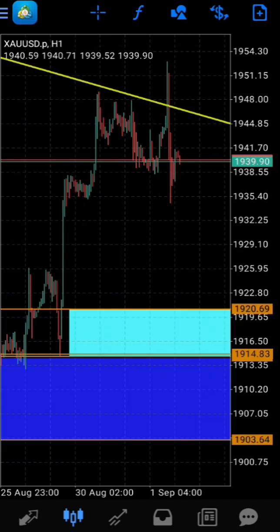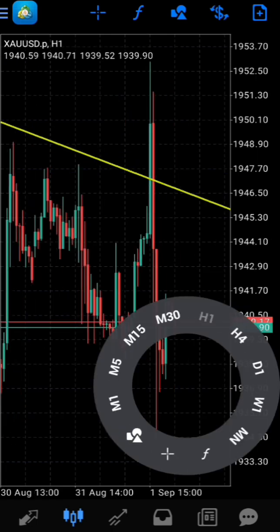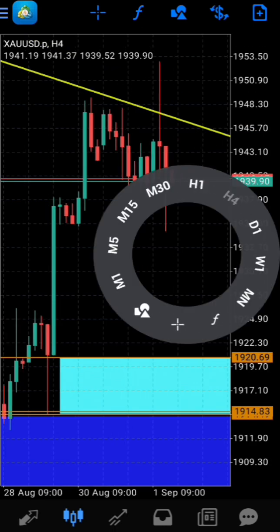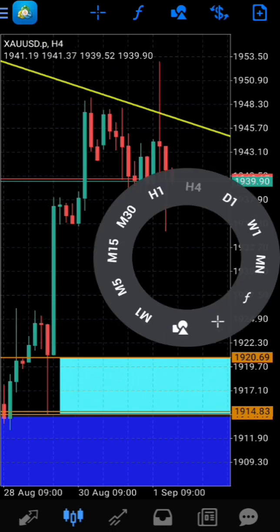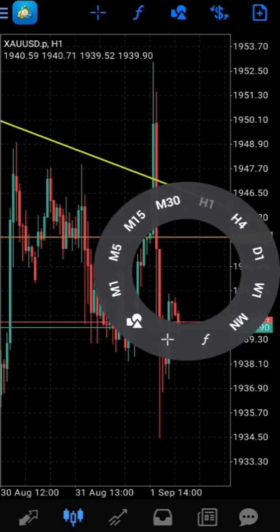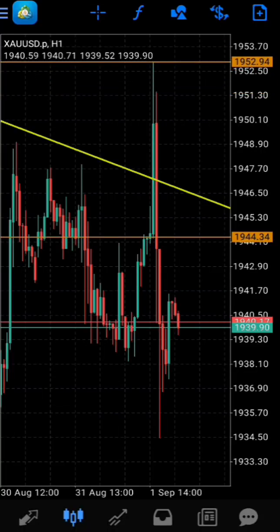If you want to sell, where should be the place to sell? We want a zone. We try to find an H4 zone, but this is not a good H4 zone. So we use H1 and mark the engulfing sell zone. We only mark the zone at the candle that is being engulfed, which is this green candle.